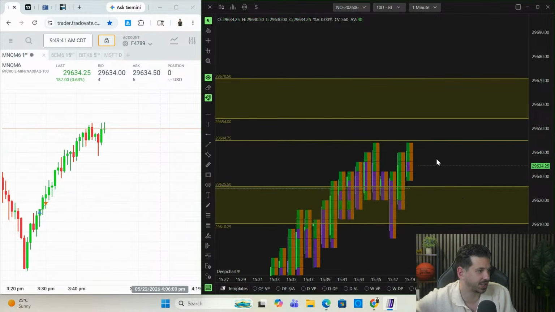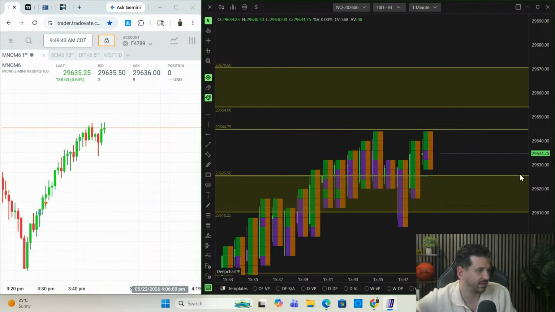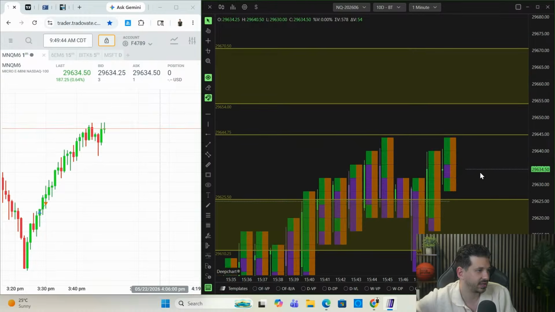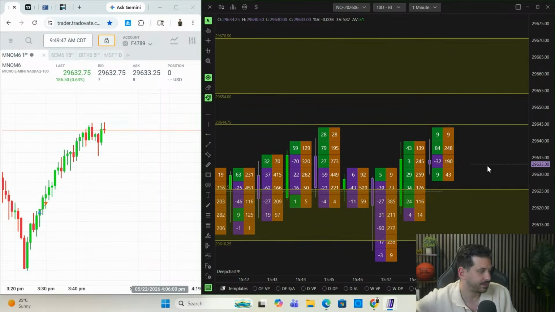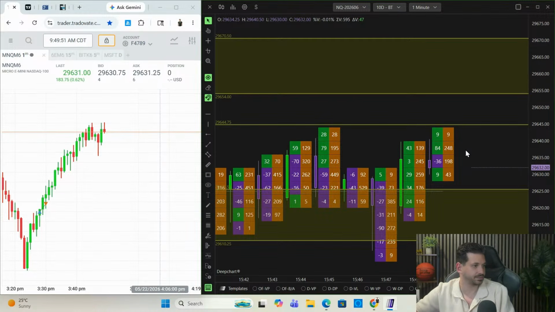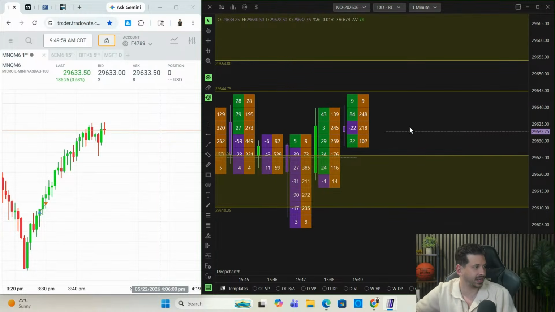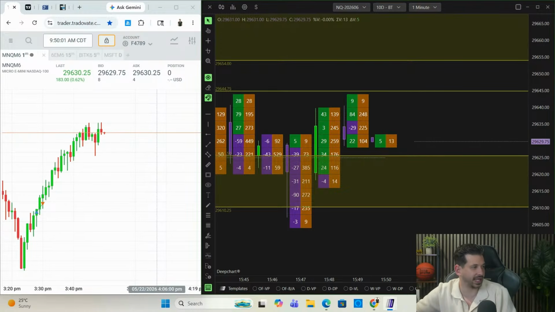But I can imagine there'll be some take profits even on this line, and we have yet to touch it. So maybe we'll see buyers exit the market, and that might give sellers enough of a gap where they can actually get the market down for a bit and go for a pullback until buyers are willing to buy it back up again. So we'll see.